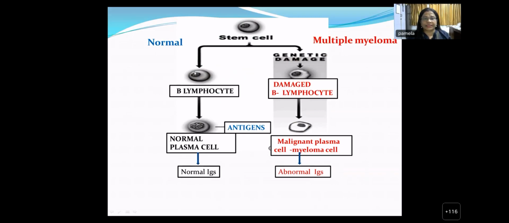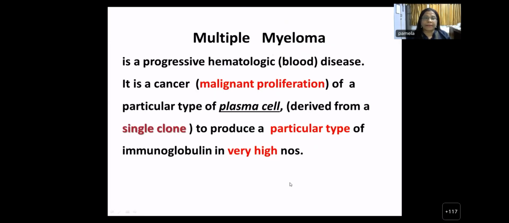Coming to this slide, you can see the normal, which I've already told you, and in a myeloma cell, due to genetic damage, you can have a damaged B lymphocyte, which gives you a malignant plasma cell, which is a myeloma cell, leading finally to abnormal immunoglobulins. So multiple myeloma is said to be a progressive hematologic blood disease.